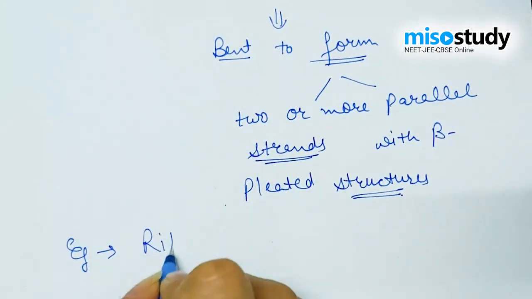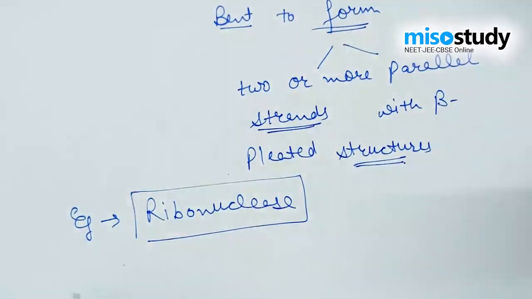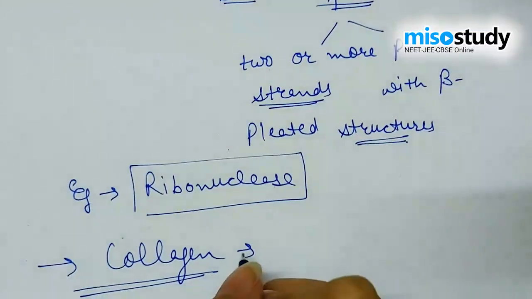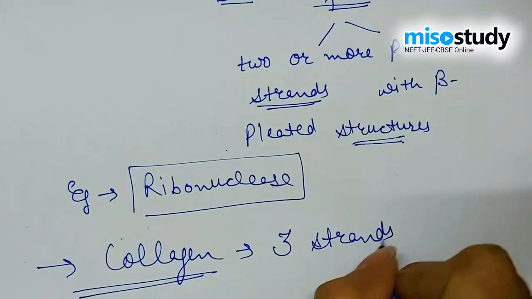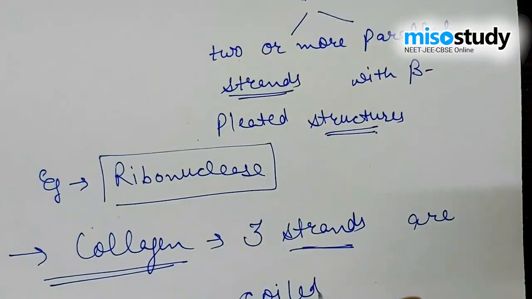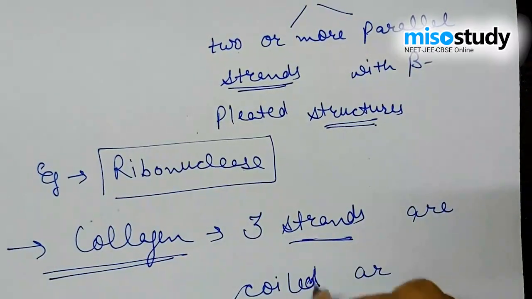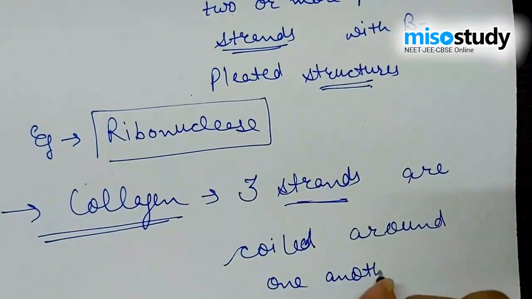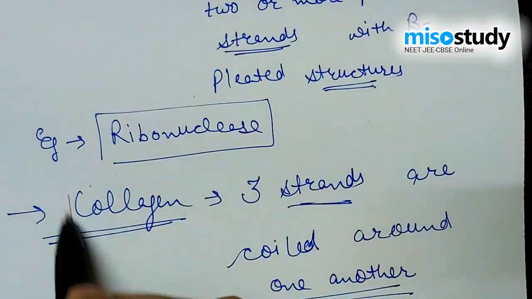An example is ribonuclease. When we discuss collagen, in collagen three strands are coiled together around one another. That is discussed under collagen.